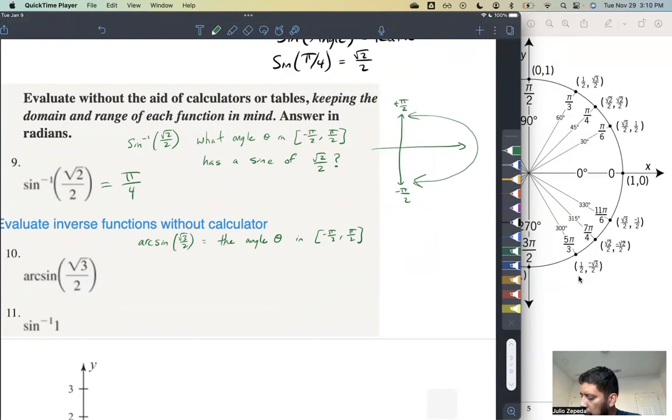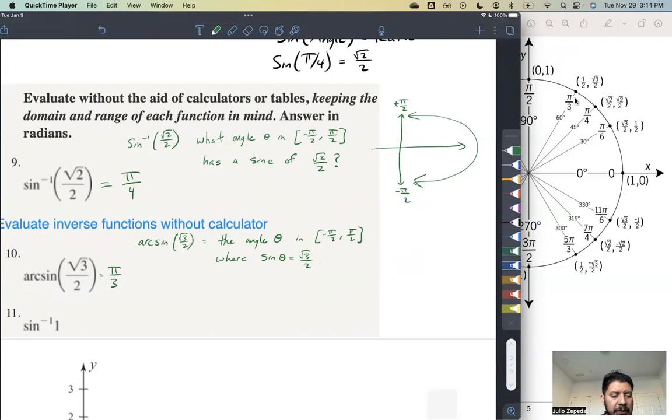The angle in those two quadrants where the sine of that angle is equal to the square root 3 over 2. And so what angle is that? Again, we're looking at these two quadrants. The y value represents the sine on the unit circle, so it's right there. Square root 3 over 2. So the angle is pi over 3.